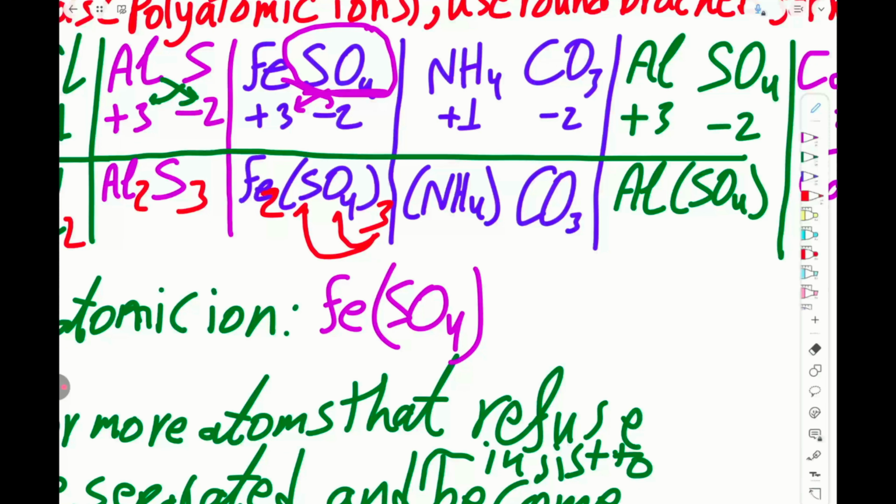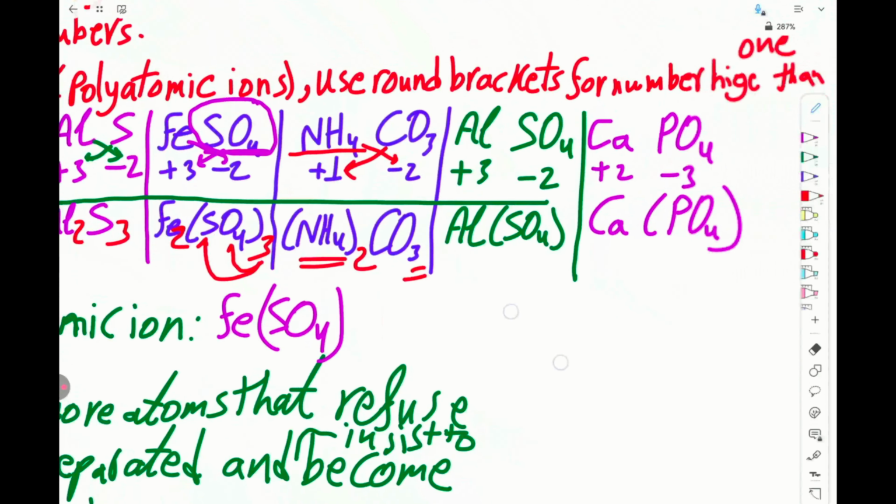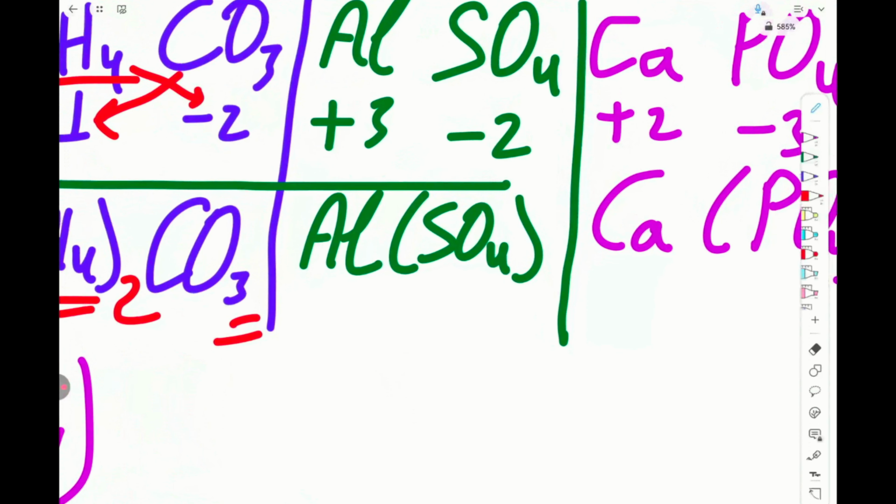Again here, my friends, we take NH4, which needs 2, CO3, we need 1. As long as we need 1, we don't need the parentheses, but here, this is a positive chemical root, so we need parentheses, and we add number 2. We have aluminum, SO4.